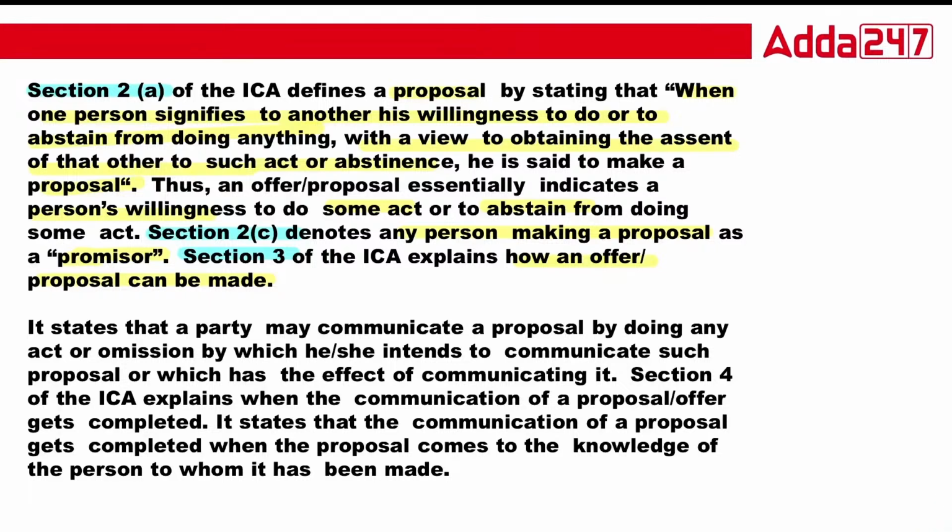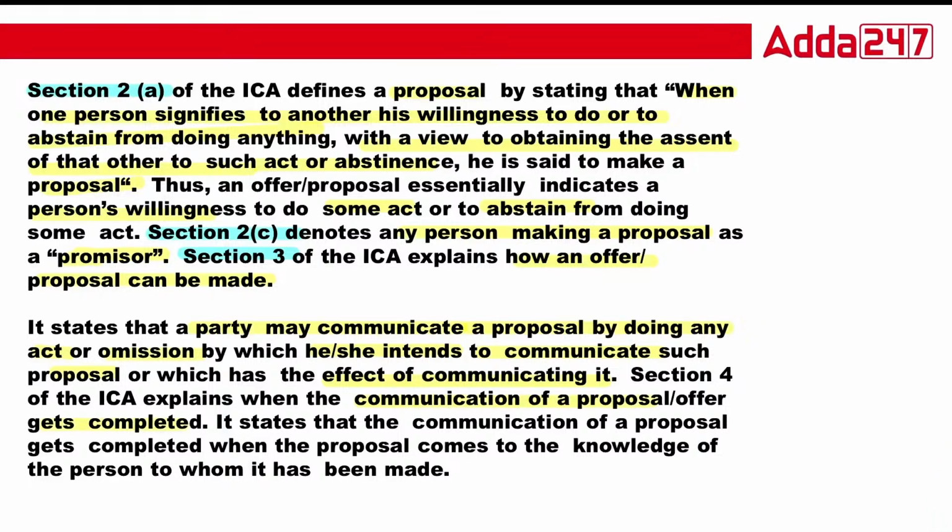It states that a party may communicate a proposal by doing any act or omission by which he or she intends to communicate such proposal and which has the effect of communicating it. Section 4 explains when the communication of a proposal or offer gets completed.